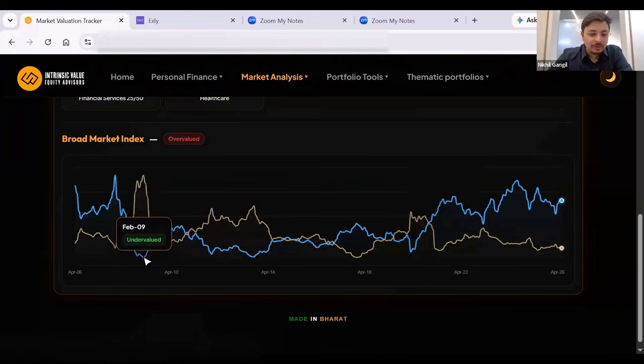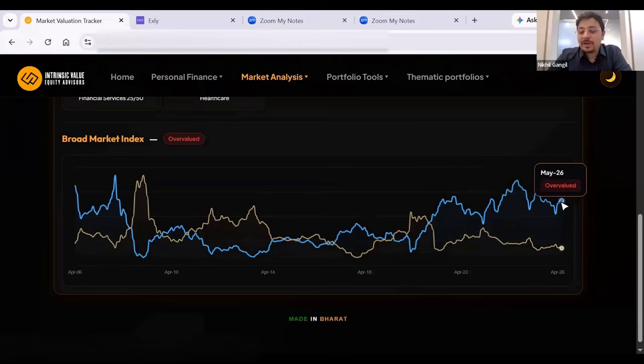Every time. From 2009, the market gave great returns till September 2010. In 2016 to 17, the market gave huge returns in those two years. From 2022, the market gave great returns, and 23 to 24 the market gave great returns.